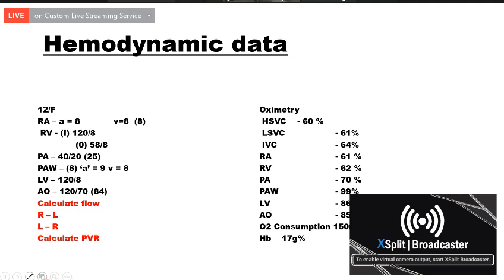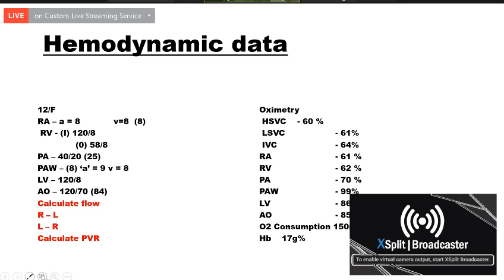The question I asked was, what is the situation where you can have equalization of systolic pressure of the RV, LV, aorta and pulmonary artery? So the answer is VSD Eisenmenger. Here the RV systolic, pulmonary, LV systolic and aortic systolic pressures are the same.